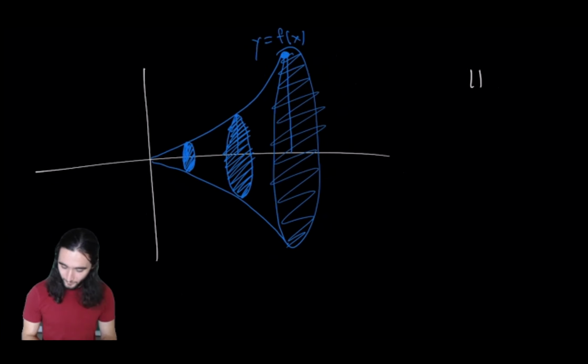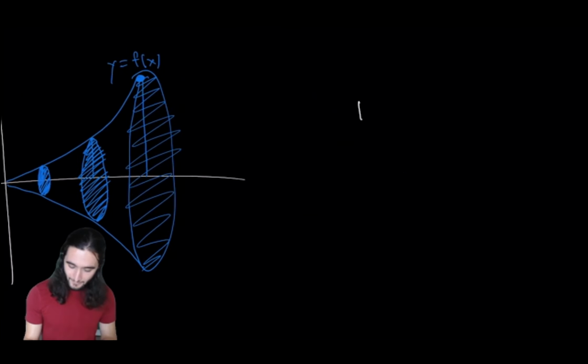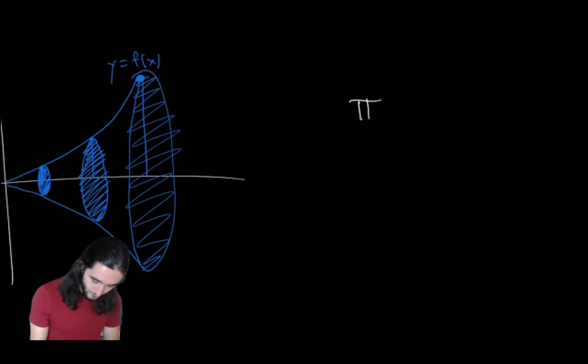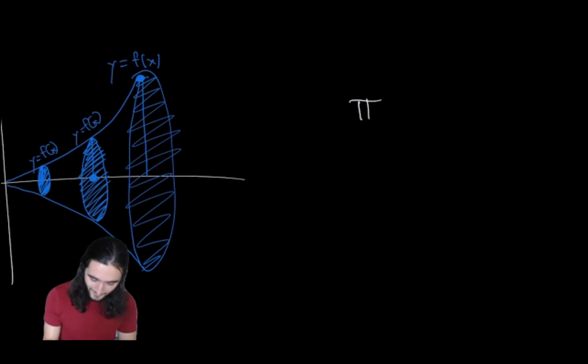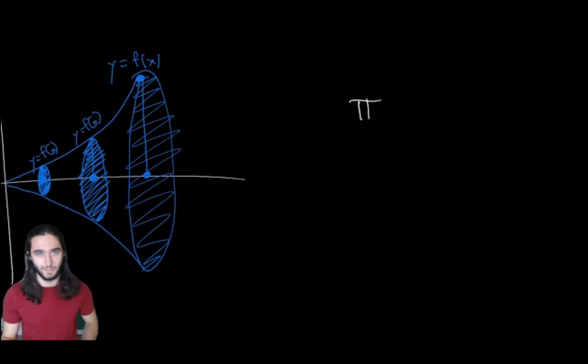So to be a little bit more formal, what I'm saying is you take the area of just one of those circles. For each of these circles, the radius is just whatever the current value of the function is, right? So we're at a certain x value at each of these points, and then the radius is just f of x, whatever it is, right?